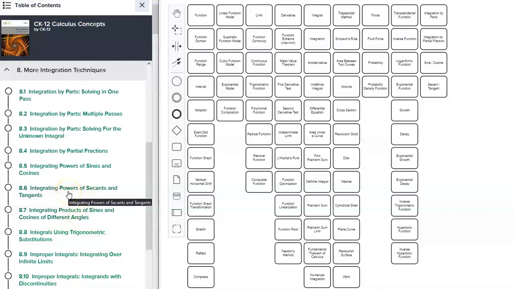So we have integrating powers, integrating products, different angles.